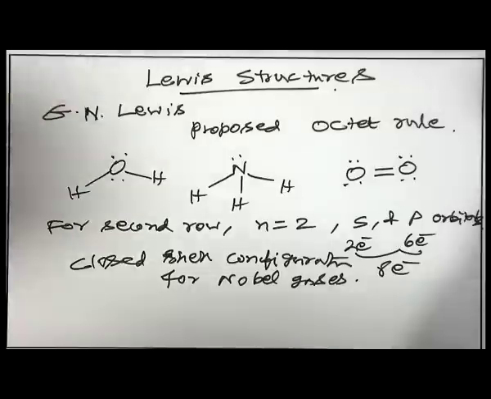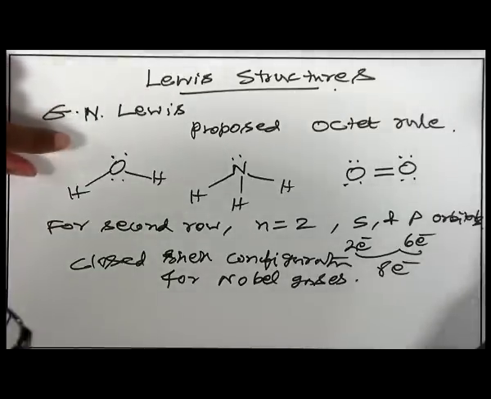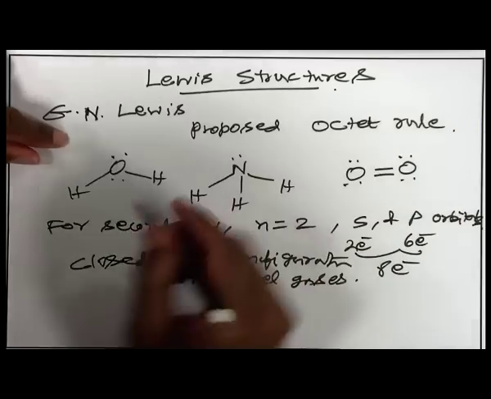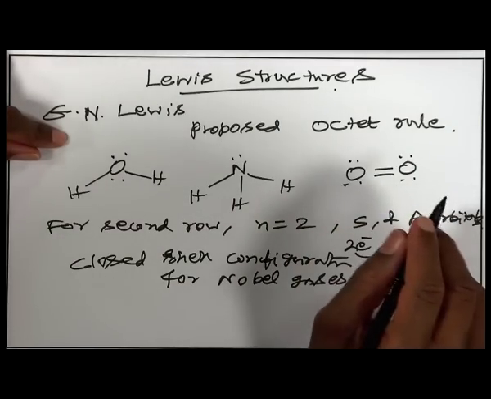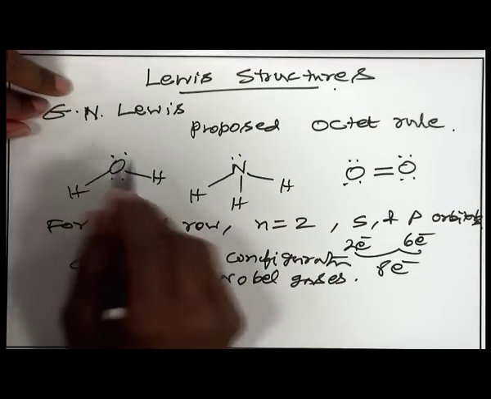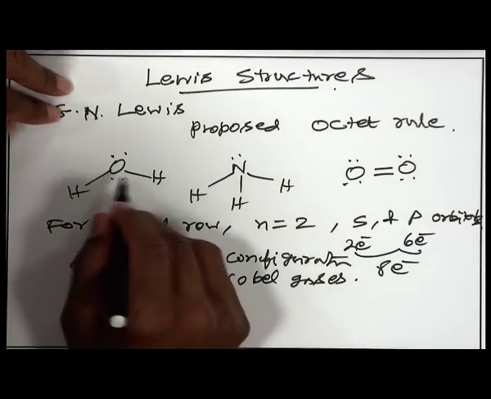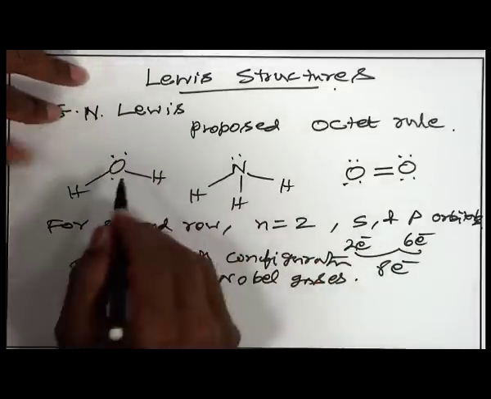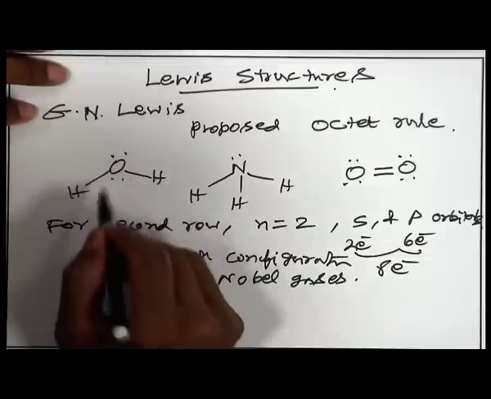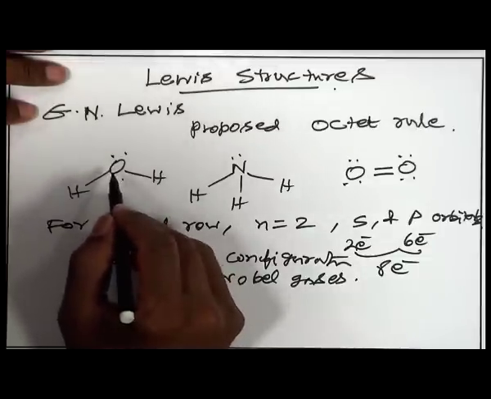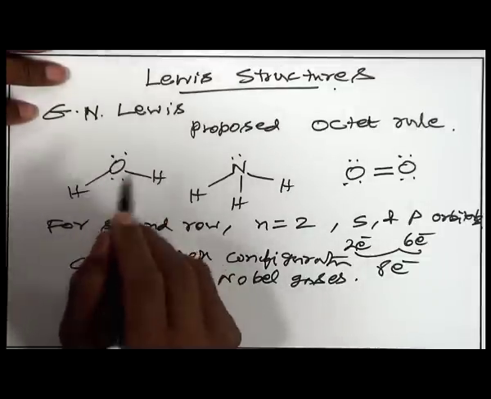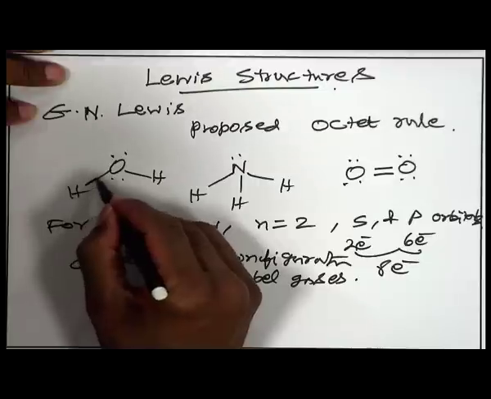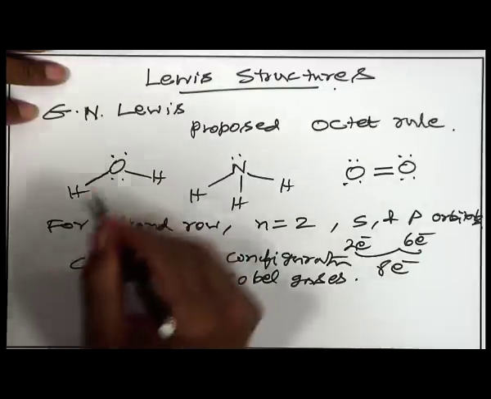Similarly, when he looked at the number of electrons around each atom in this type of molecule, he found that 8 electrons are shared between the atoms. If you take, for example, O in a water molecule, the number of electrons around this oxygen atom is 8. How? There is a single bond.